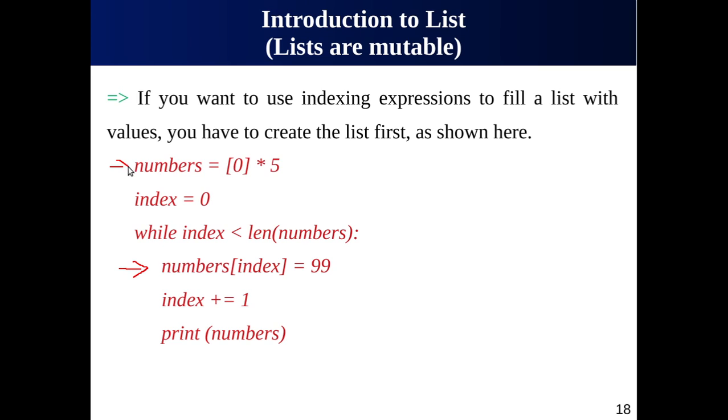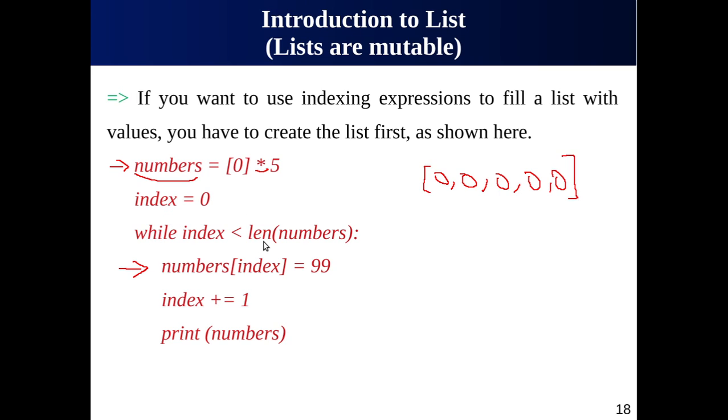We are going to create a list. The name of the list is numbers and the values are 0. Remember this repetition operator. It will create a list of 5 elements, all having 0.